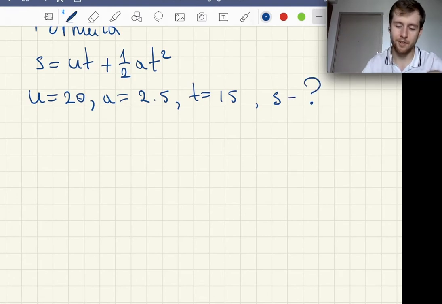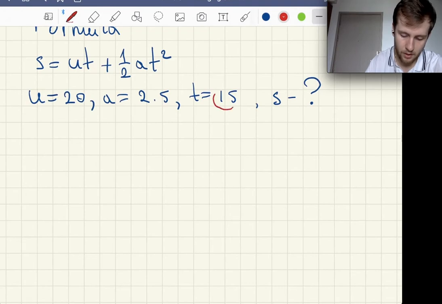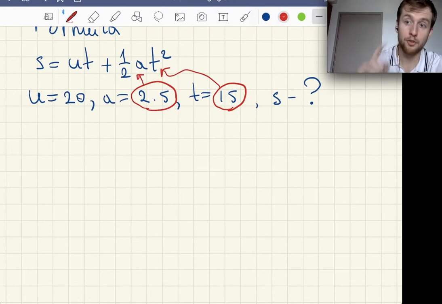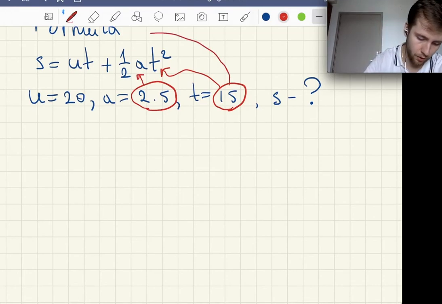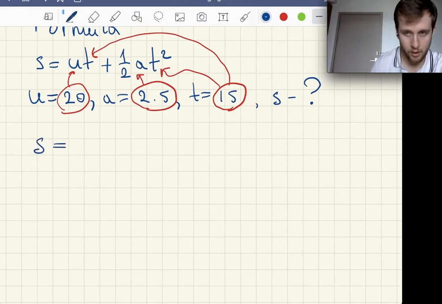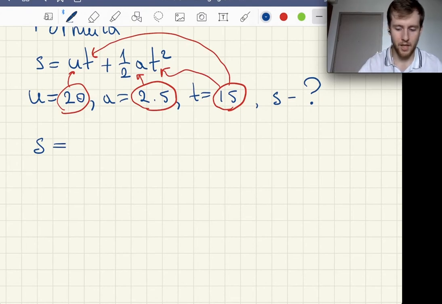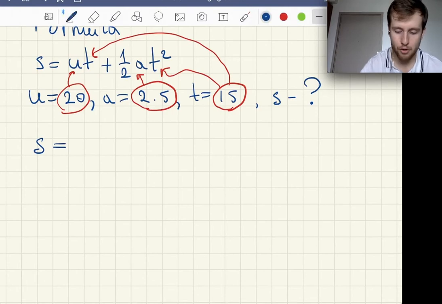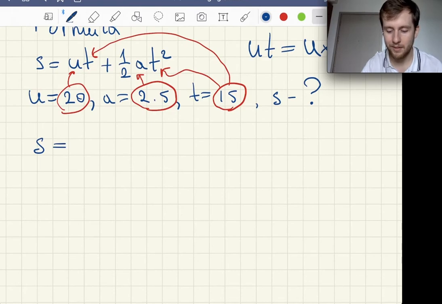Well, that's fairly easy, actually. We just take t and put it here, we take a and put it here. Also t goes here too. We take u and put it here. So s is equal to, and don't forget one important thing: if there's no sign here, if they write ut, it actually means u times t.